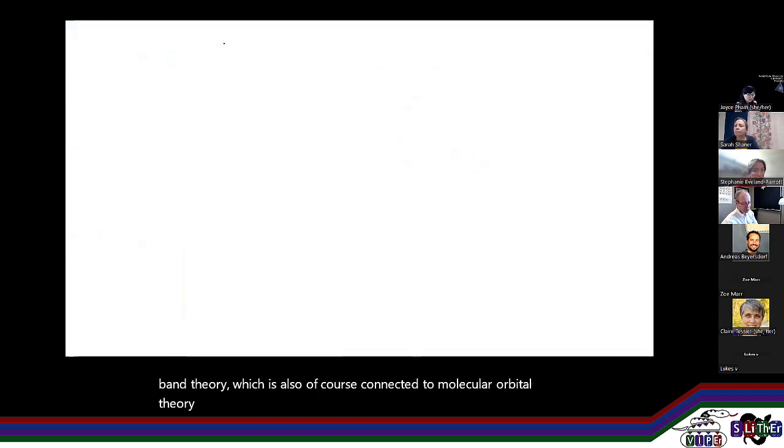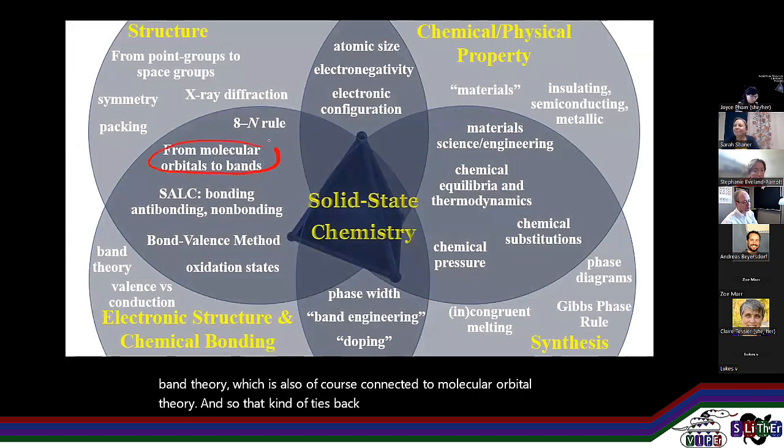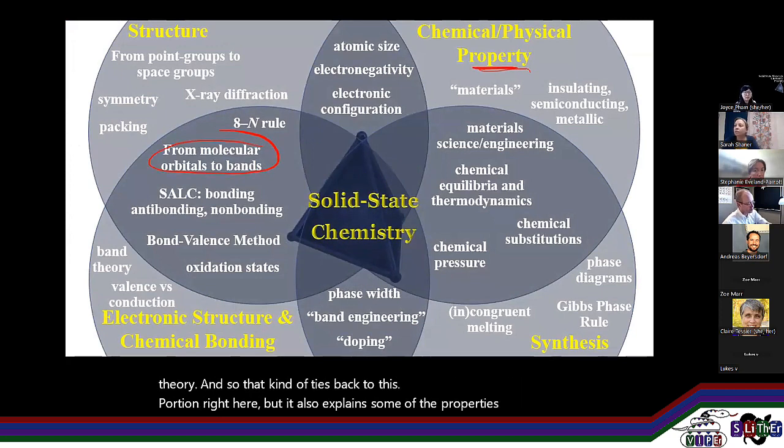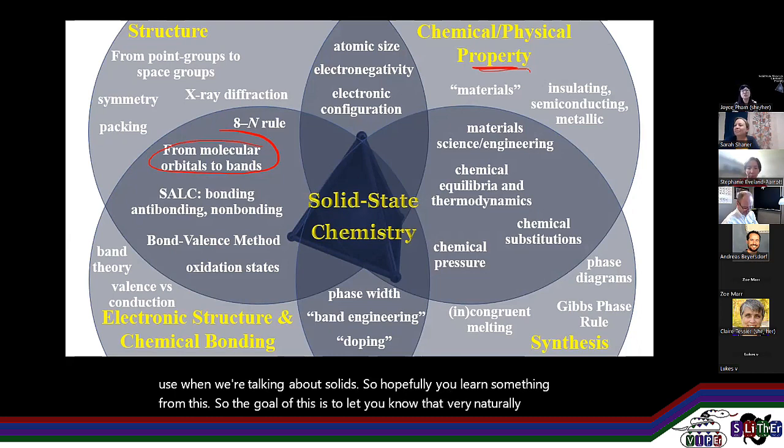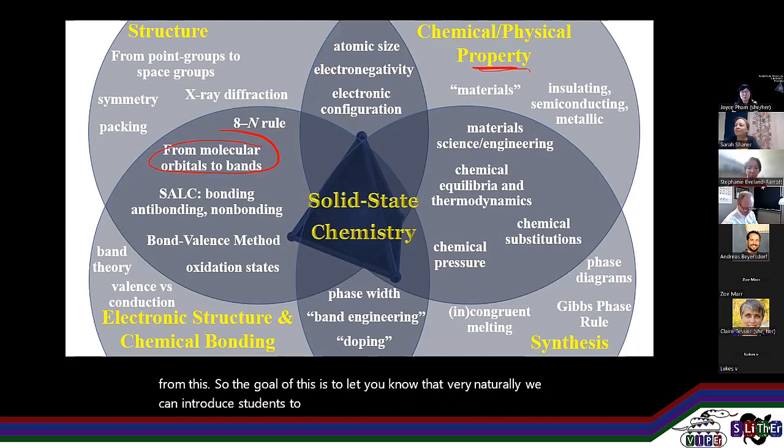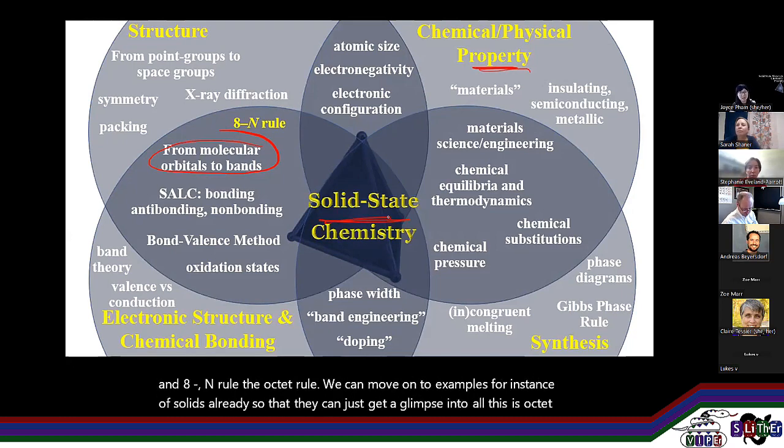And so that ties back to this portion right here, but it also explains some of the properties that we use when we're talking about solids. So hopefully you learned something from this. The goal is to let you know that very naturally we can introduce students to solid state chemistry. When we teach them the 8 minus N rule, the octet rule, we can move on to examples of solids so that they get a glimpse of the octet rule applied to solids.